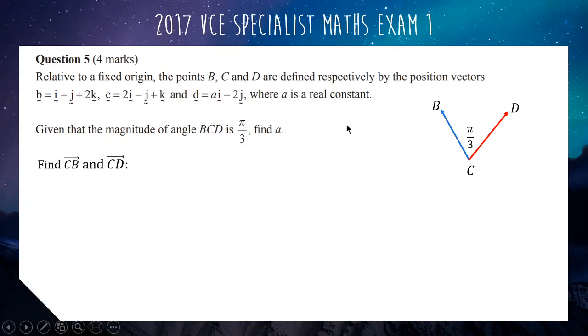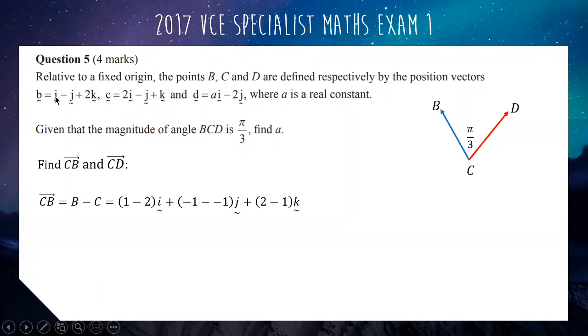Okay, hopefully if you're an Extension 2 student, you know quite easily that to go from C to B, we can just do position vector b take away position vector c. I probably should have put those as lowercase, but don't tell me. So here's vector b take away vector c.